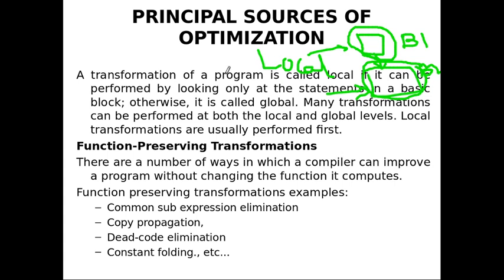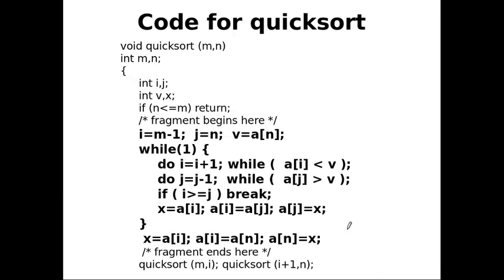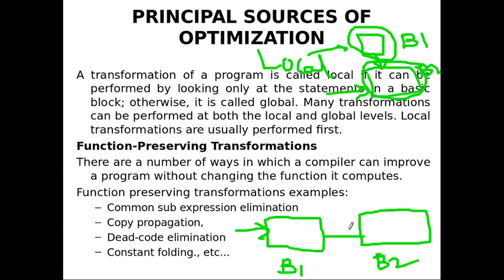So in this optimization technique we are using local as well as global. First we use local, then we use global. Once again I am recalling what is local optimization and what is global optimization. Now we can assume this is our block 1 and this is our block 2, basic block 2. Maybe this is our start, and block 1 to block 2, and it may be the end.